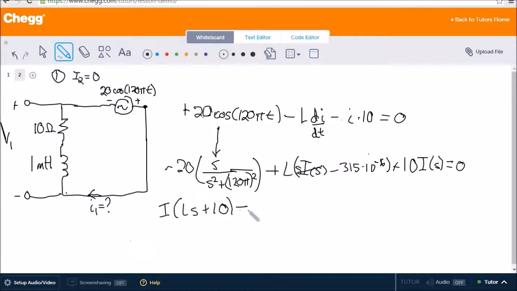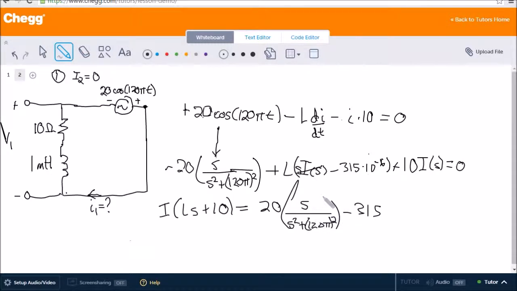Equals 20 s over s squared plus 120 pi squared, minus 315.